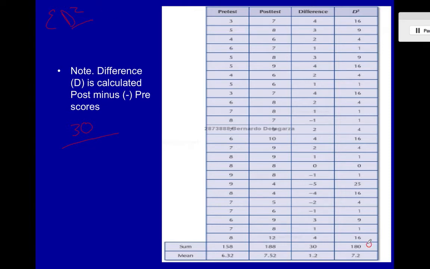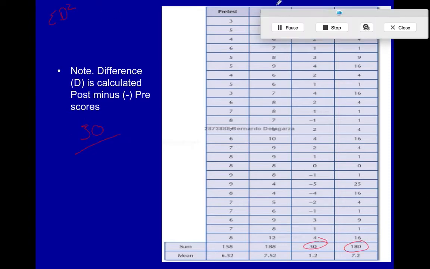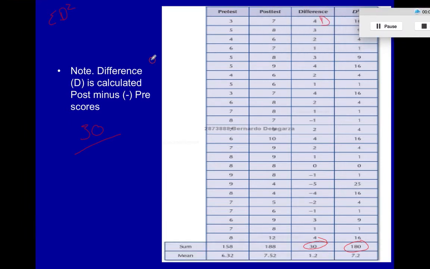In our particular case, the sum of D squared is going to be a value of 180. But remember, in my formula, it asked for n times the sum of D squared. So we've already calculated the sum of D squared, but we still need to multiply this times our value of 25, which is the number of paired observations that I have.